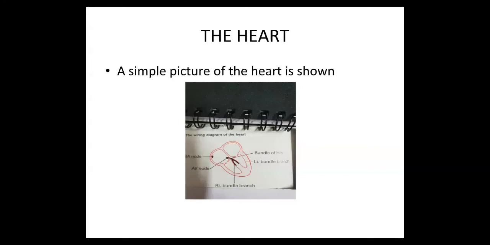Each action potential in the heart originates near the top of the right atrium at a point called the sinoatrial node. So see the sinoatrial node here, and there is another node, the AV node, the atrioventricular node. See the bundle of His, the left bundle branch and the right bundle branch.